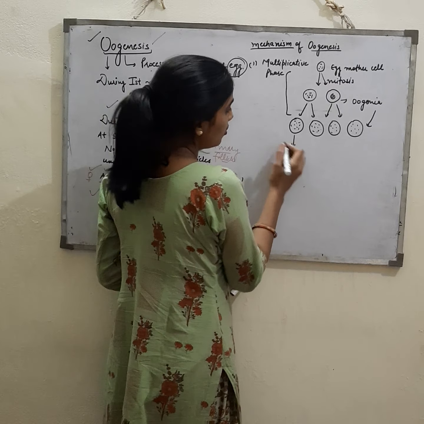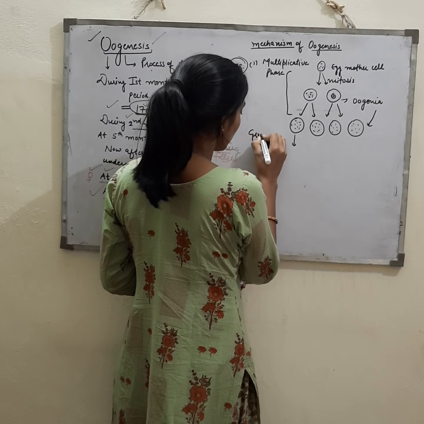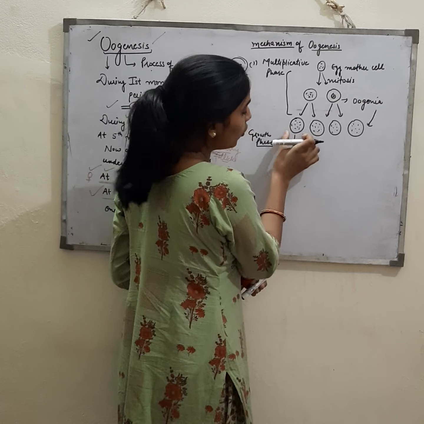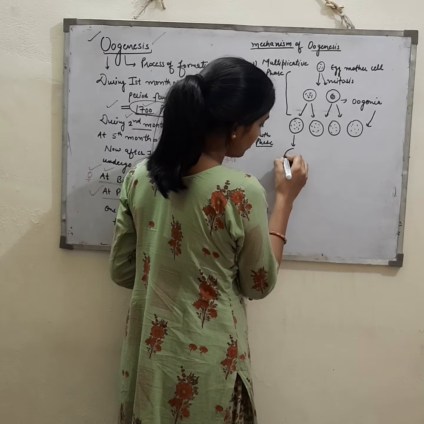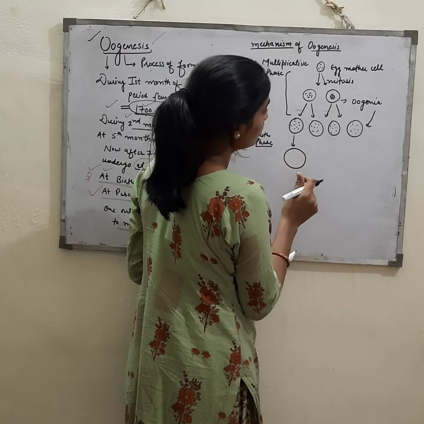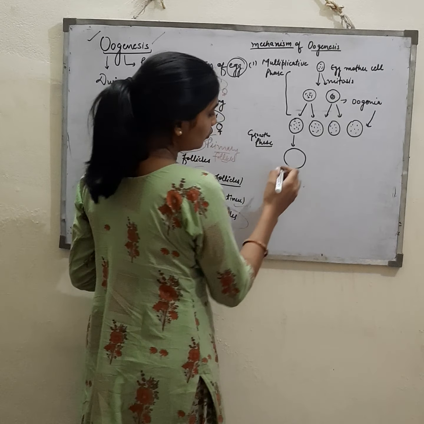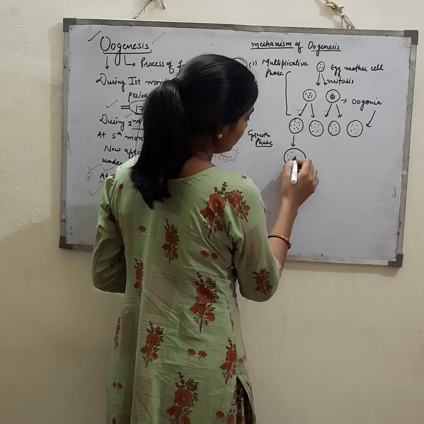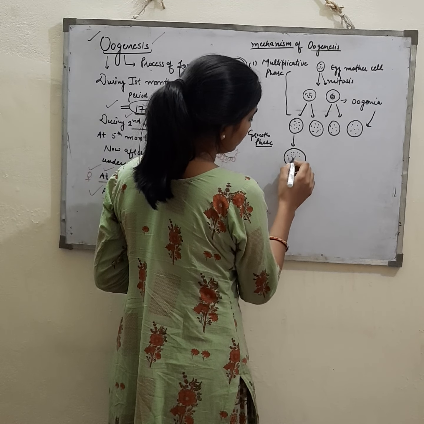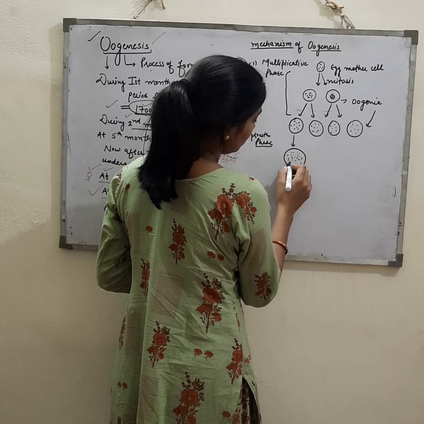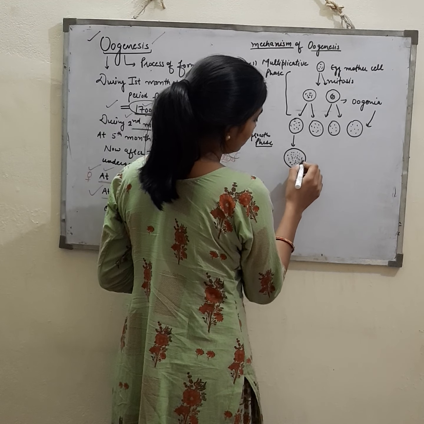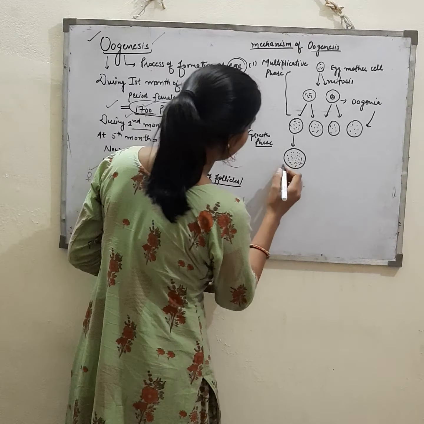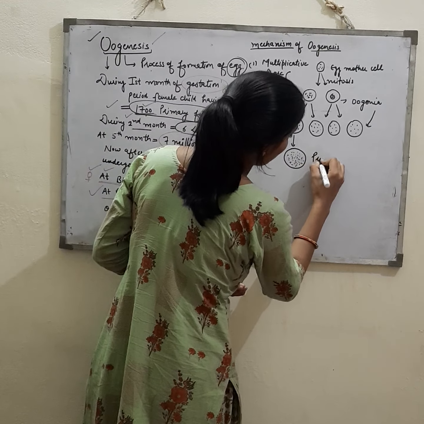Let's proceed to the next phase, that is the growth phase. This oogonia increases its size. This one is known as primary follicle.